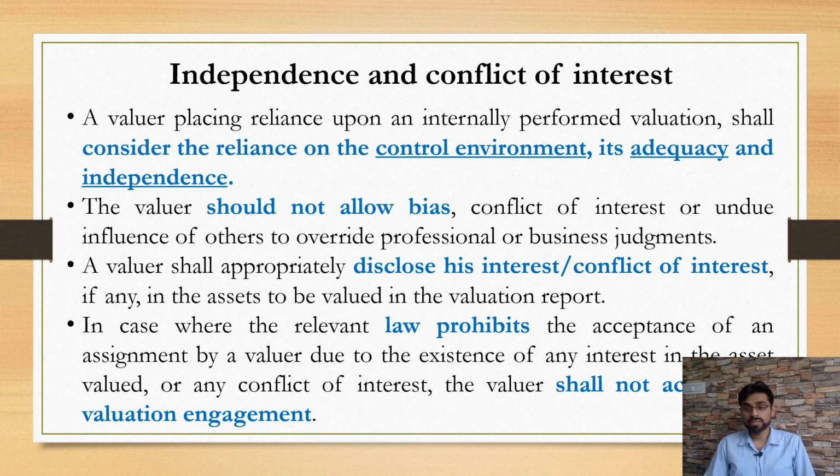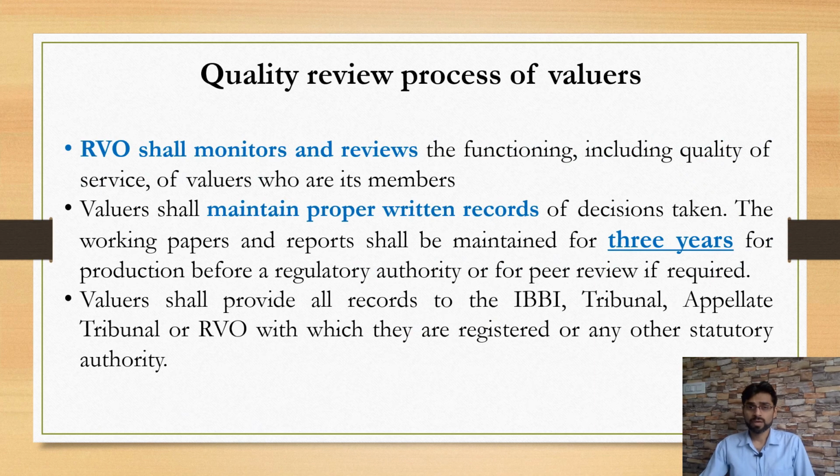And then he would have to check the adequacy, independence, and all. So the valuer should not allow any kind of bias, any conflict of interest, or any undue influence by any officer of the management or anyone from the management. A valuer shall appropriately disclose in case he has any kind of conflict of interest. And in case any prohibition under any law is there, he should not accept the valuation assignment.